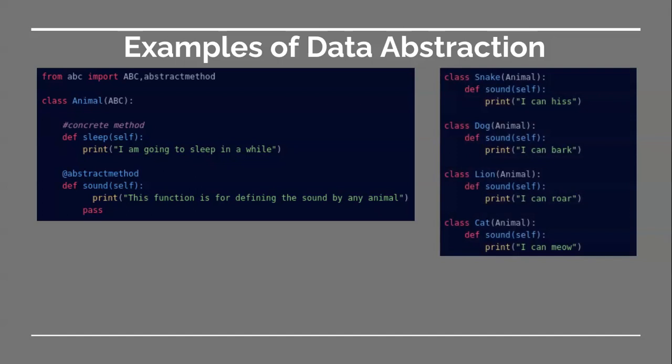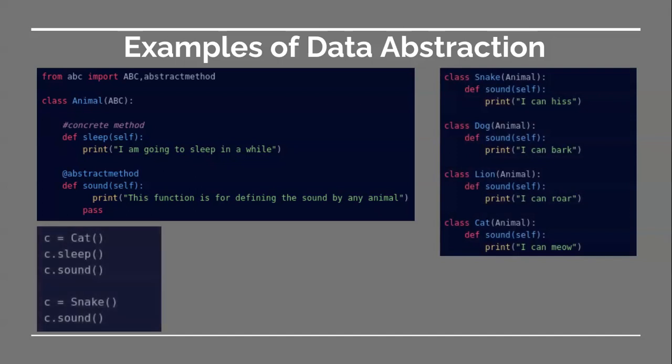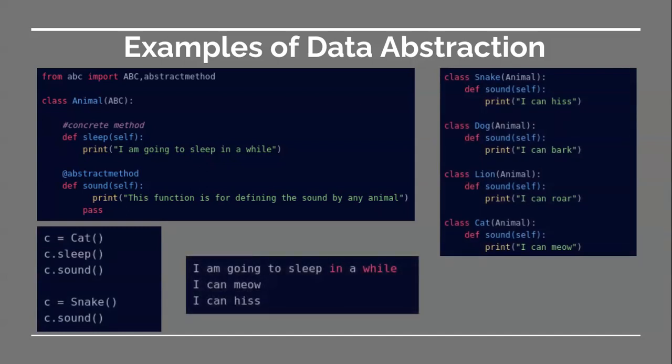On the other hand, the sounds that animals make are all different. For that purpose, we defined the sound method as an abstract method. We then implement it in all child classes. Now, when we instantiate the child class object, we can access both the concrete and the abstract methods. This will give the output as.